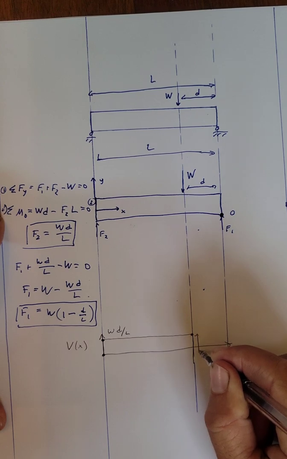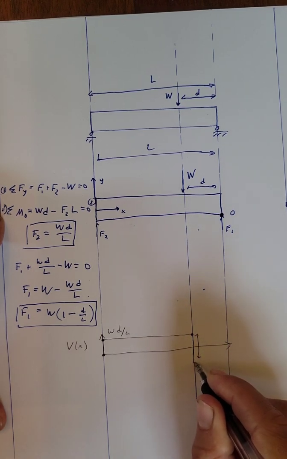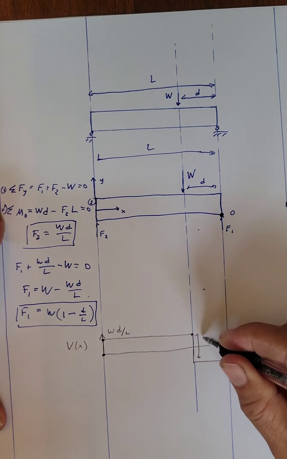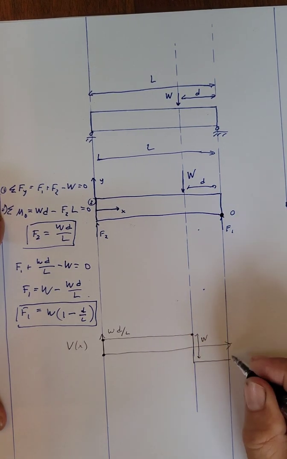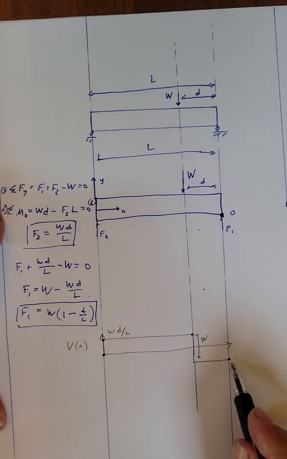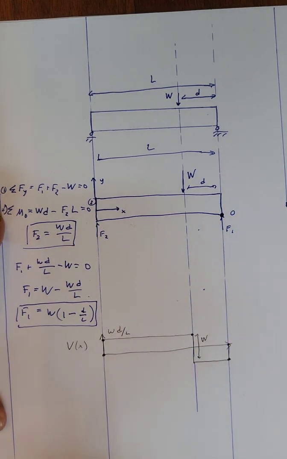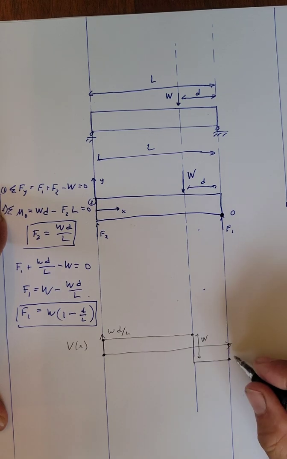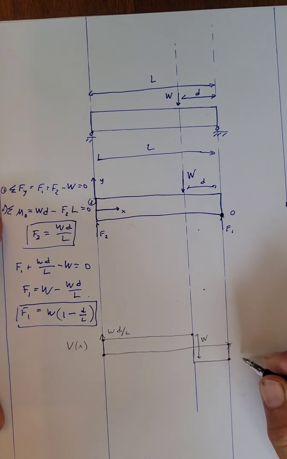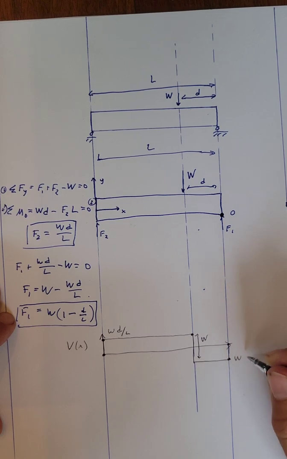So the change in shear force at this location is going to be W. And this will then bring us to the application of our last load, which again is going upward, brings us back down to 0. That helps us with meeting our boundary conditions. And the magnitude here is going to be equal to F1, right? Negative F1 in this case. So this is W times 1 minus D over L.